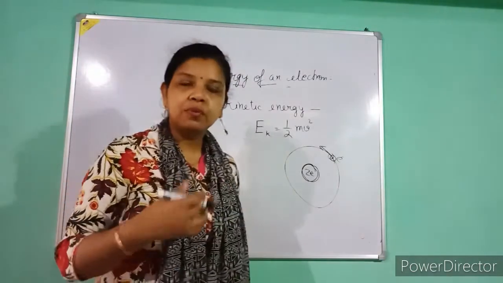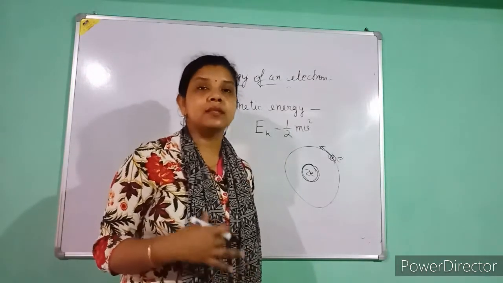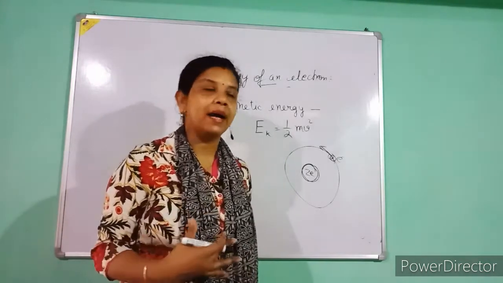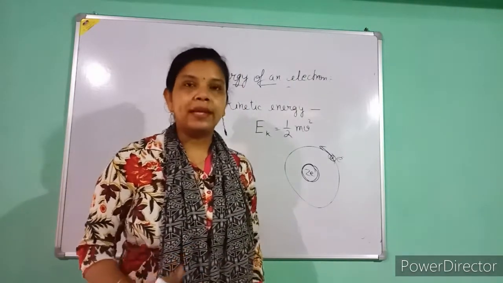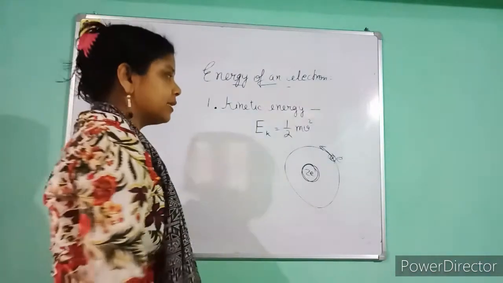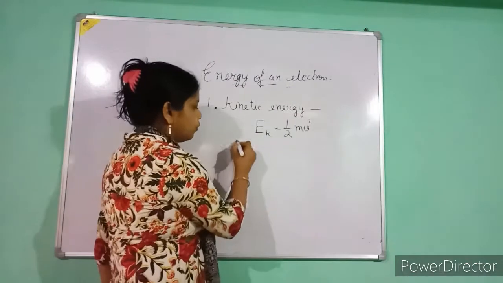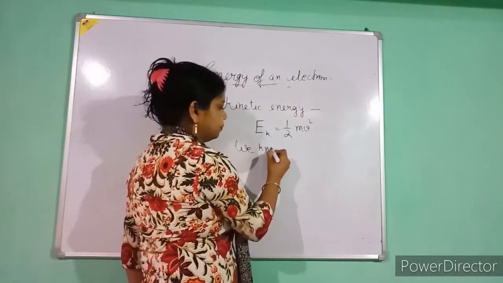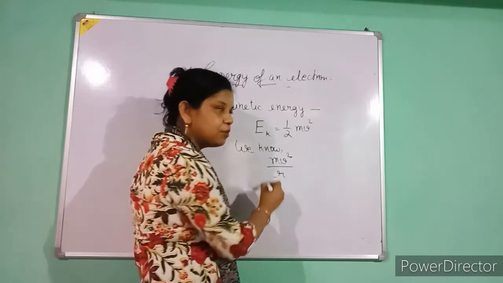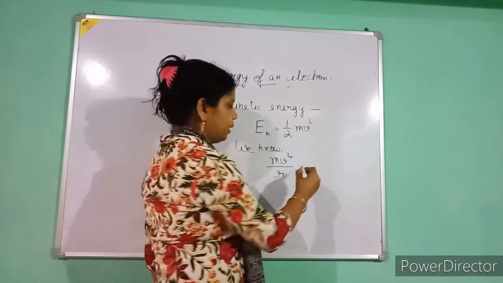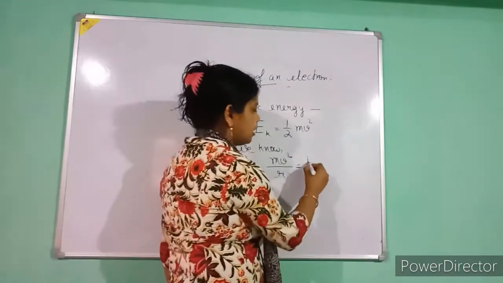As it is moving in a circular path, it will have centripetal force, and the necessary centripetal force is provided by the electrostatic force of attraction between the nucleus and the electron. So mv square by r, this is the centripetal force. It comes from the force of attraction between the charges.